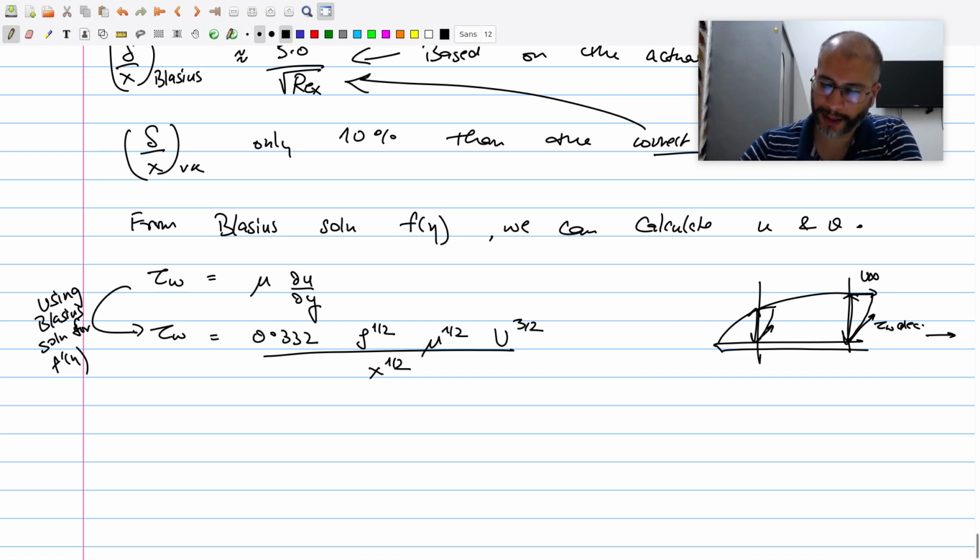Now, if you want, you can compare this to your pipe flow solutions. In a pipe flow, tau wall was constant because the velocity profile was parabolic in y, but it was always the same parabola as you go from left to right, because it's a steady state solution. The solution stays parabolic, as we have shown in the differential form solution, the Poiseuille flow solution.